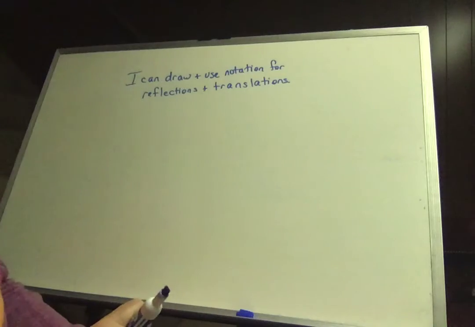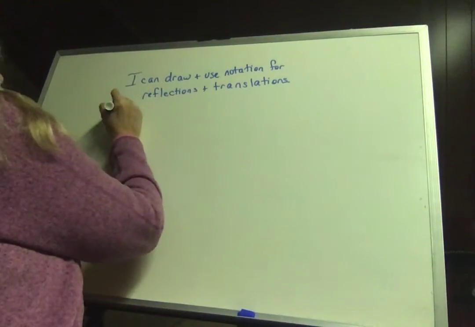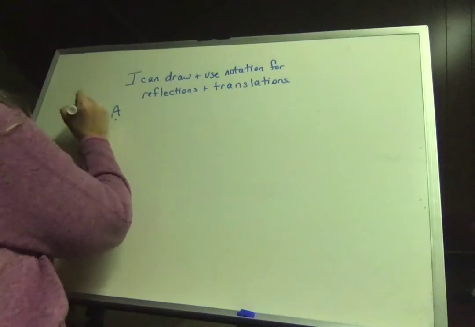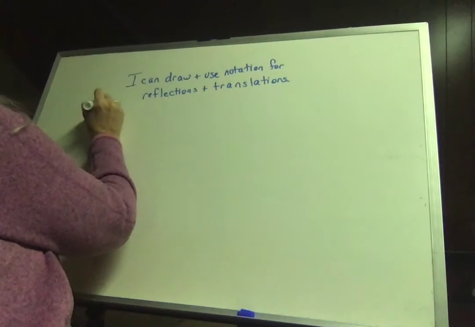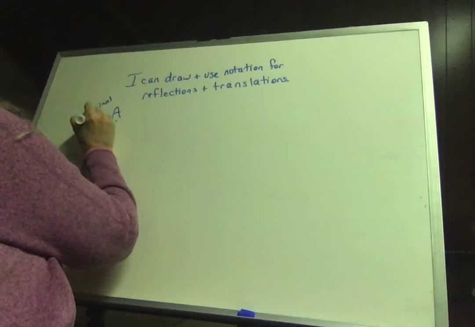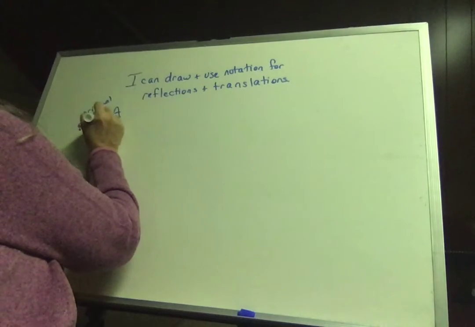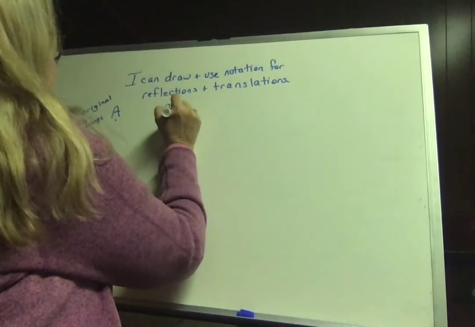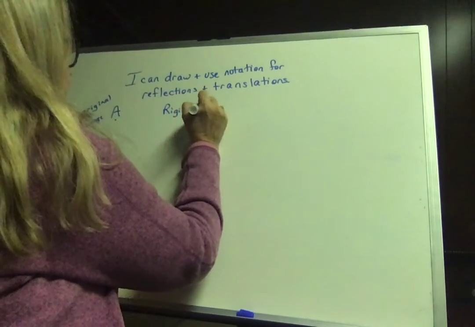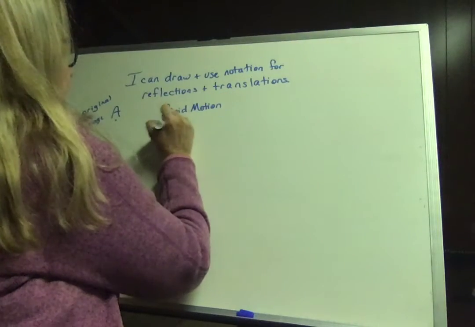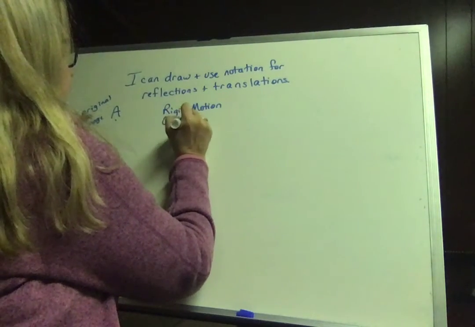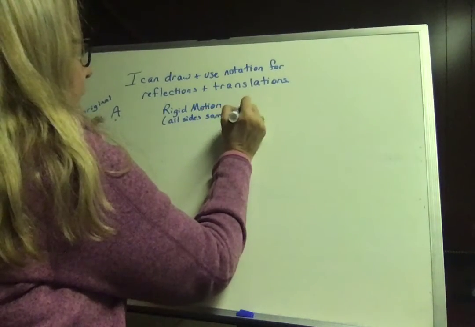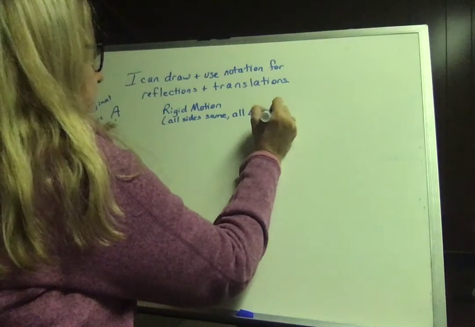We also are going to be uniform if we have originally the letter A or a point. The original is called the pre-image, and it has rigid motion. Rigid meaning all sides the same, all angles the same.